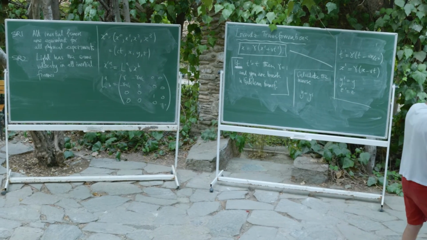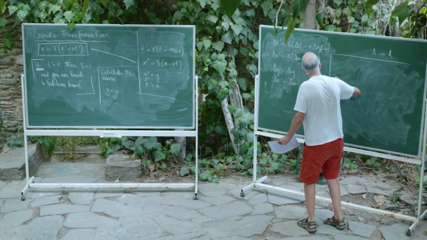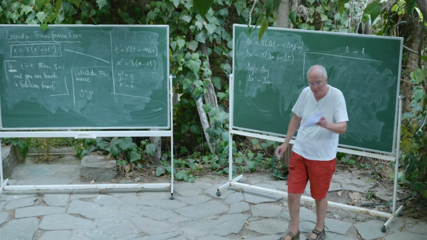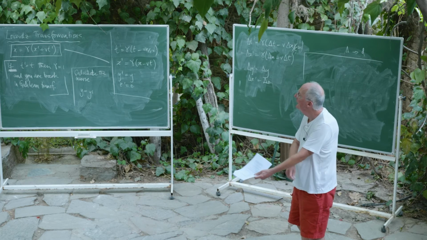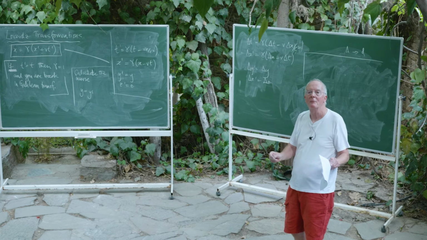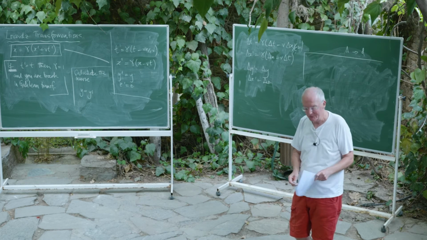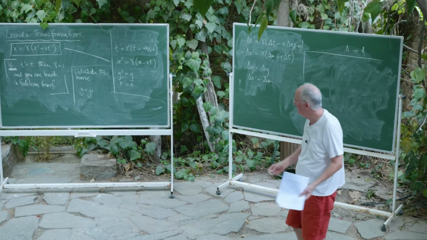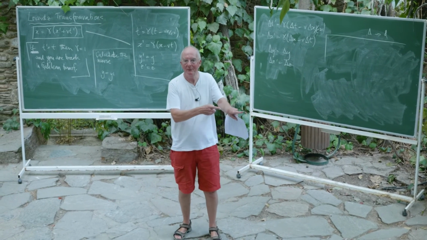Now I want to answer a question that's been in your minds, I think. A couple of you referred to it earlier on. This is the Lorentz transformation for the special case of the standard configuration. So what do you do in general? Suppose your two spaceships are not lined up like that.